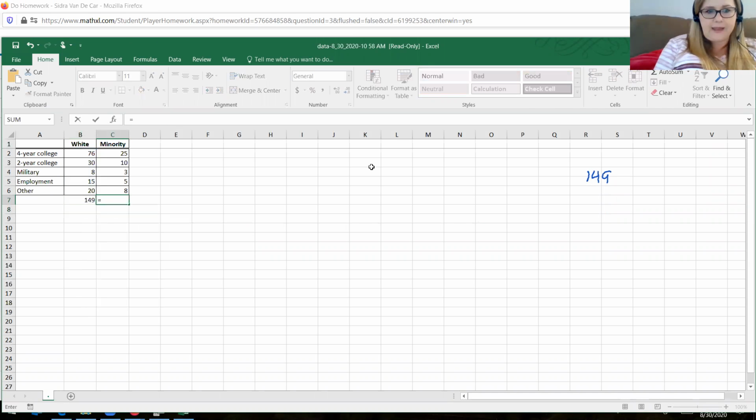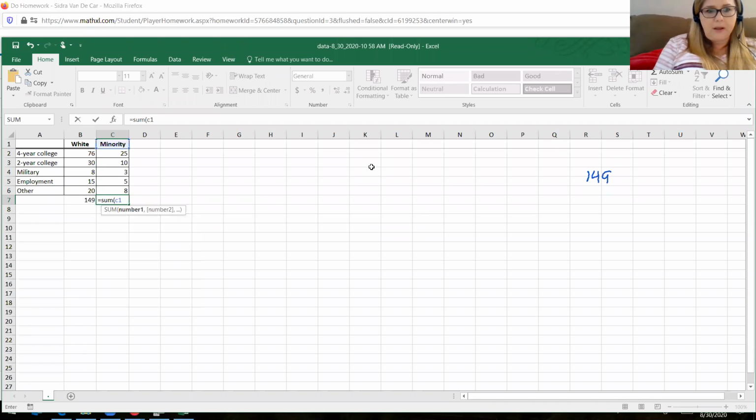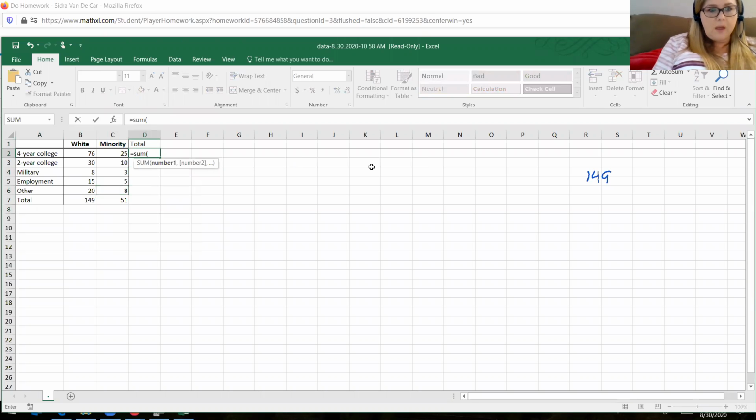So let's do the same thing here. We're going to go sum C2 through C6, and it sums there, right? So I'll put the total here. And then these are going to be the totals also. So we're just going to repeat the same thing.